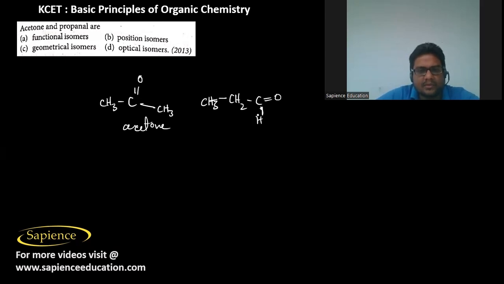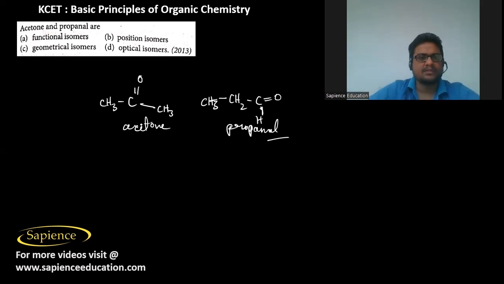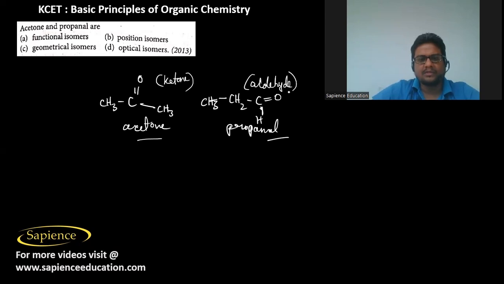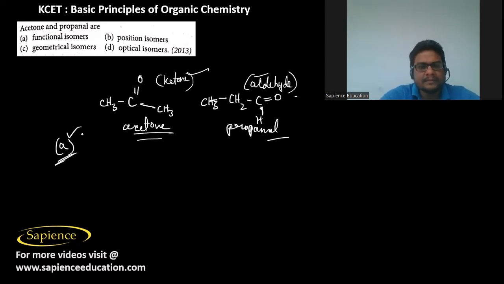This is propanal. So obviously these two are functional isomers. This one is a ketone group and this is an aldehyde group, so their functional groups are not the same, but their molecular formula is the same. So ketone and aldehyde, they are functional isomers. So option A is the correct answer.